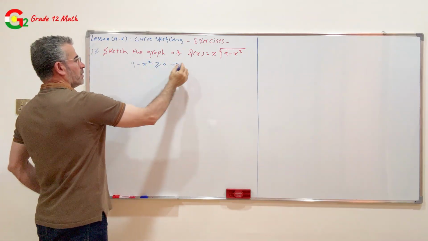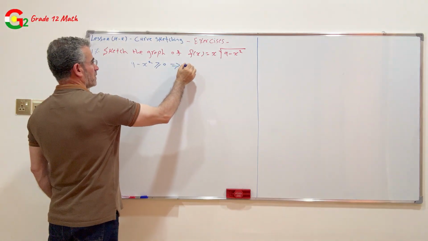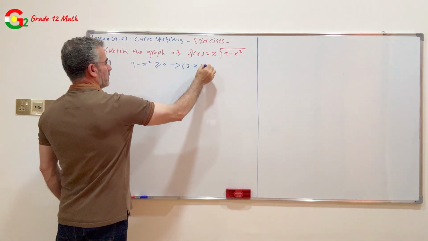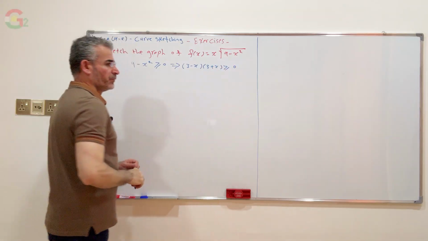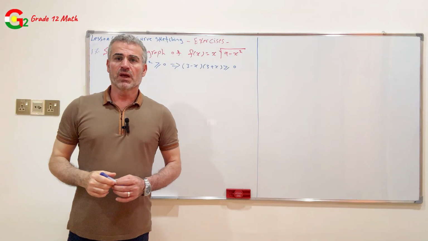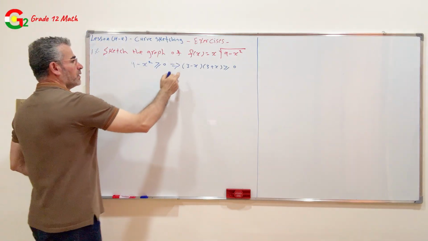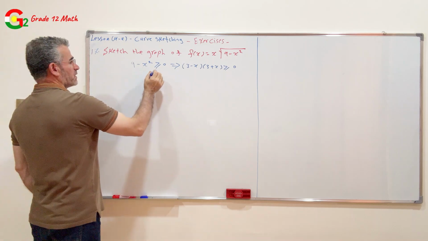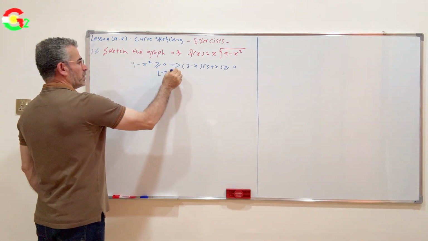Factorize by difference of two squares, (3 minus x)(3 plus x) greater than or equal to 0. You can review the lesson of domain and range to find that the domain of this function is from negative 3 to 3.